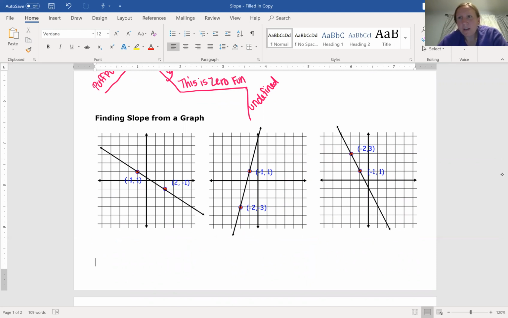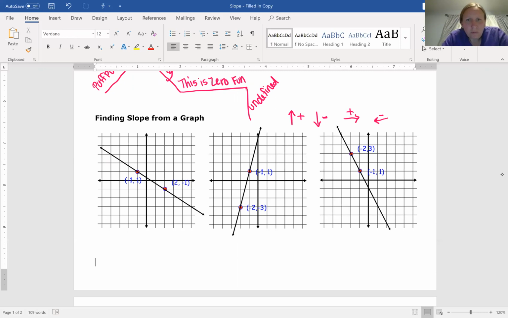If you can count, you're in good shape. What we do have to remember is that different directions have different signs. Going up is positive, going down is negative, going to the right is positive, and going to the left is negative, just like a number line.